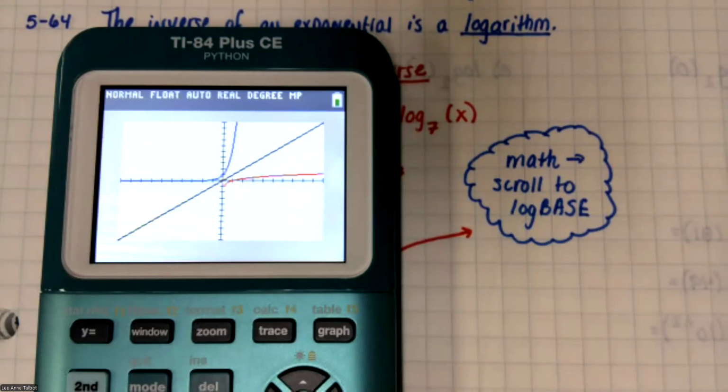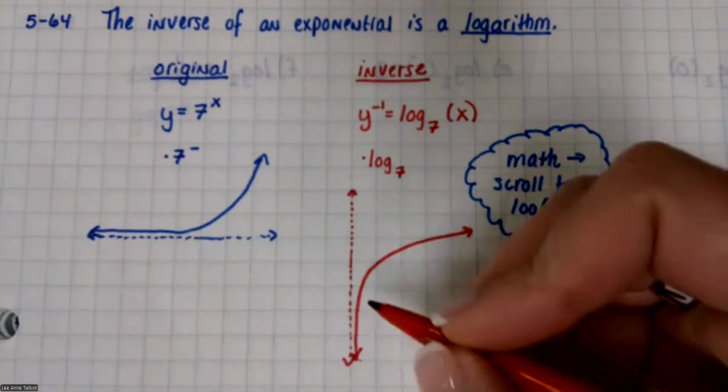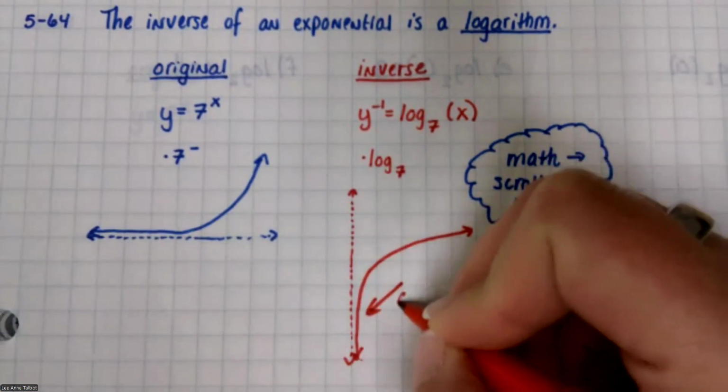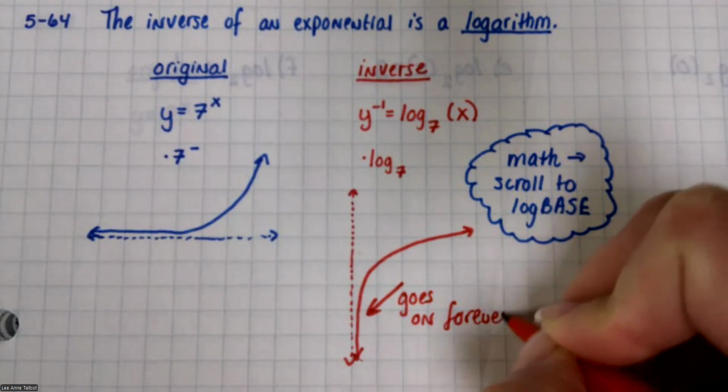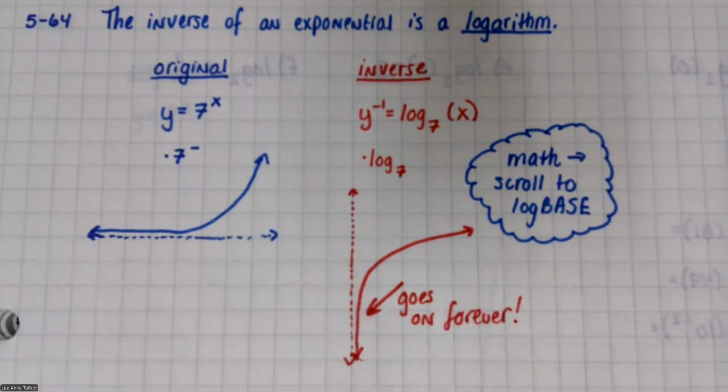If you're using the graphing calculator, you need to know that this goes on forever. Even if the calculator doesn't show it, just keep it going down along the asymptote and you'll be fine, because you understand what logs are supposed to look like and that it's not a square root.